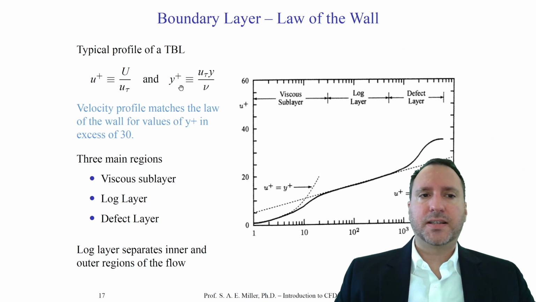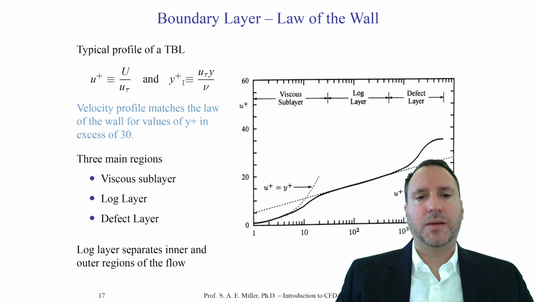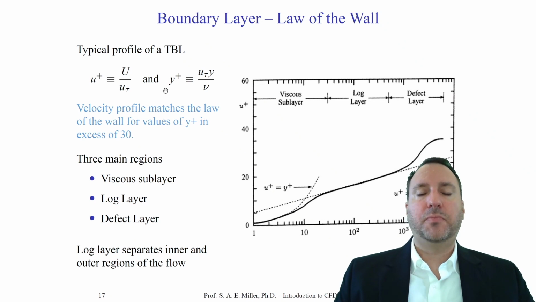Now, it's very much possible to plot u plus versus y plus. When we make these types of plots, u plus versus y plus, we call these the so-called inner coordinates. These are the inner coordinates of the turbulent boundary layer. Outer coordinates are simply when you plot u versus y.